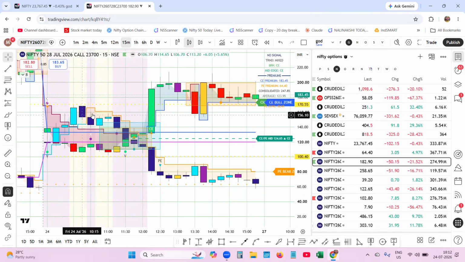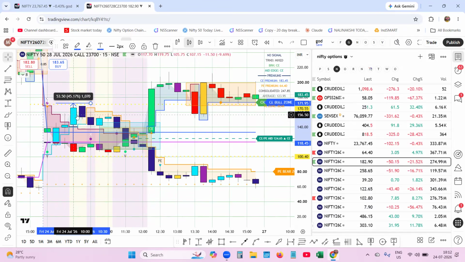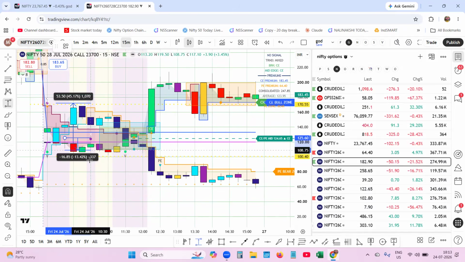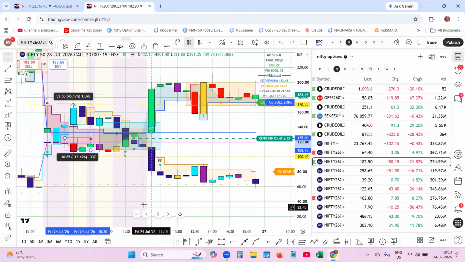Not here. You wouldn't have made money if you had sold the call option around 121. It did not collapse too much, only 15 points. Measure this from this expansion. I'm showing it to you. From this expansion, the put option is expanding 53 points, whereas the call should have fallen that much, but you can see only 16 points.